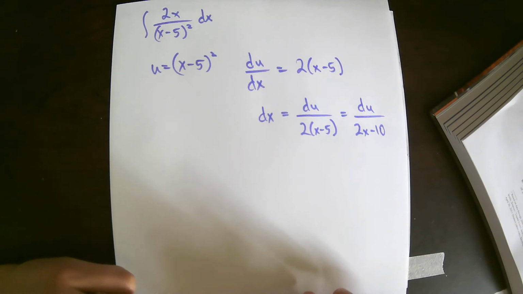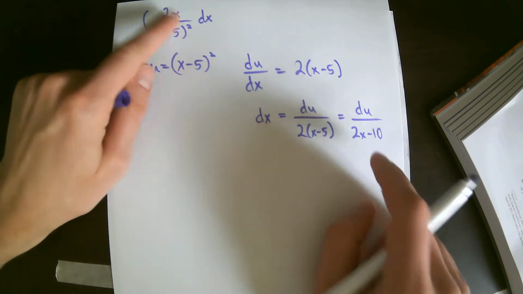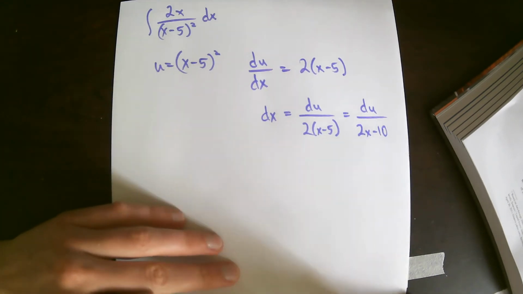Yeah, this wouldn't do it, because the 2x and the 2x won't be able to cancel because of that minus 10. So I thought we could get away with doing it this way, but nope, we have to do it the other way.